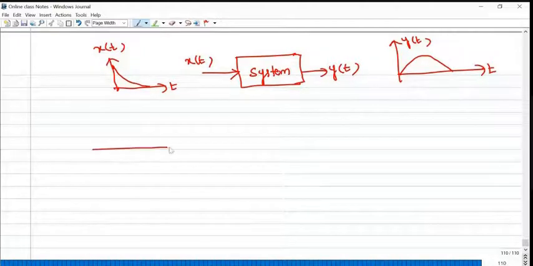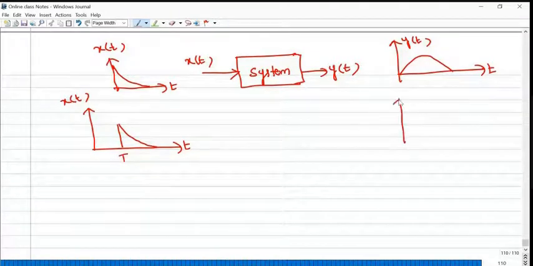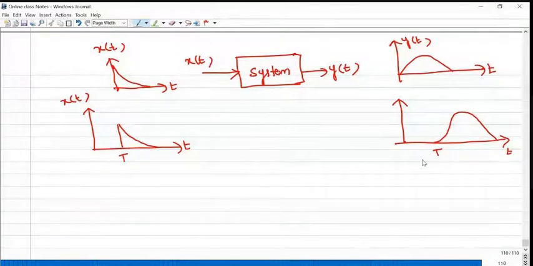Suppose my input is delayed by the time capital T. So input is delayed by the time capital T, my output also will be delayed by the same amount of time capital T. Then we can say this particular system is a time invariant system. We give some input, the system responded for a particular input, so y of t equals the transfer function of x of t.